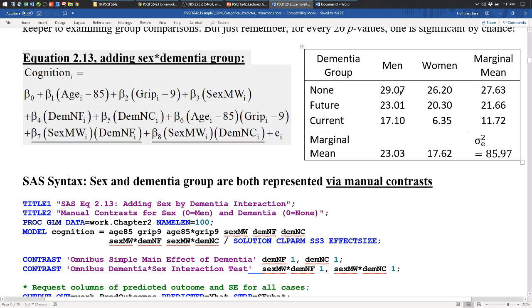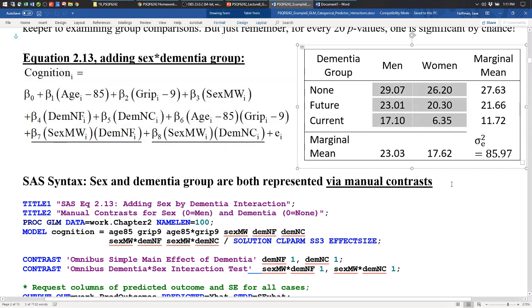So all in all, this table of estimated means here, so these are conditional on age 85 and grip 9, give you 6 possible categories. So there are 6 values to be recreated by this model. One of them is given by the intercept. It's going to be based on your coding scheme, which one that is. In my coding scheme, for gender, men are the 0 and women are the 1.